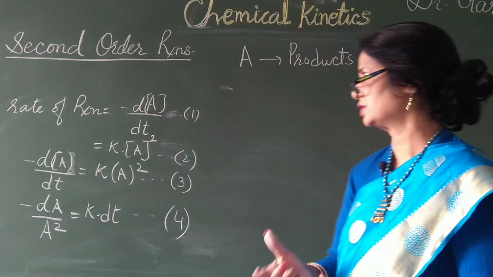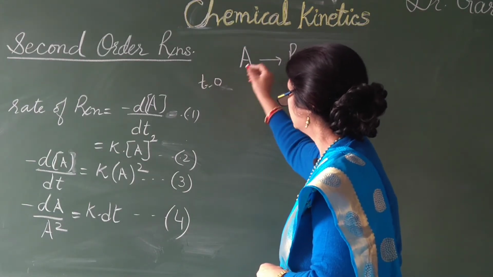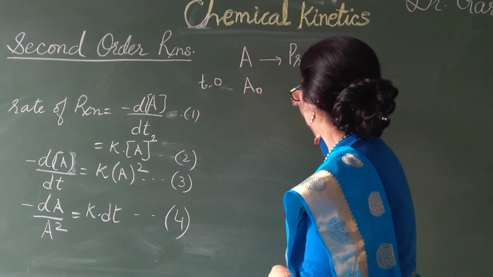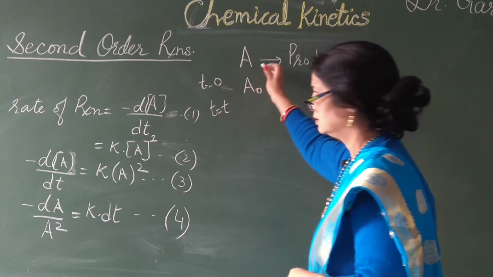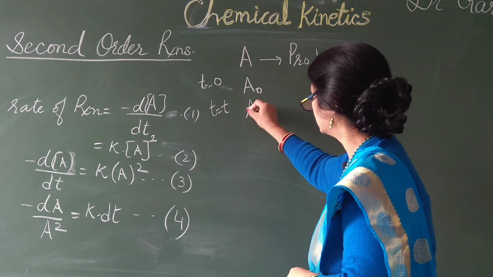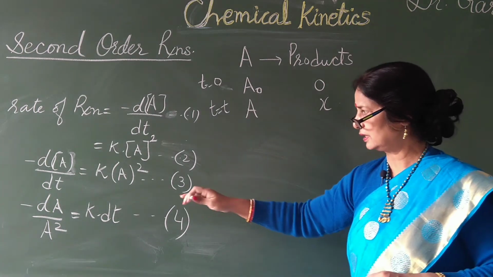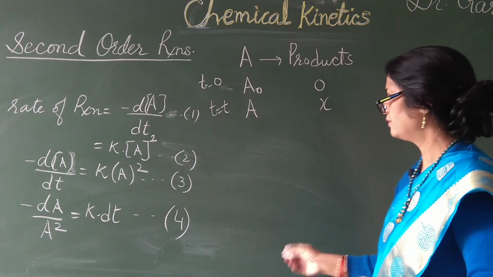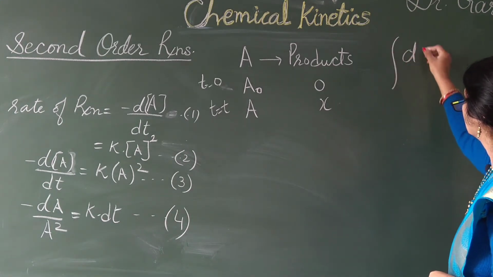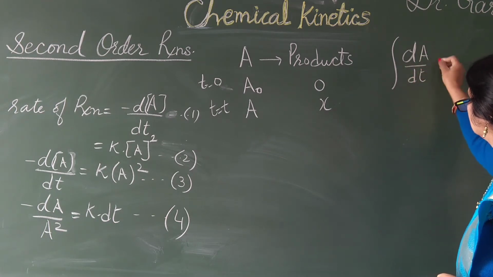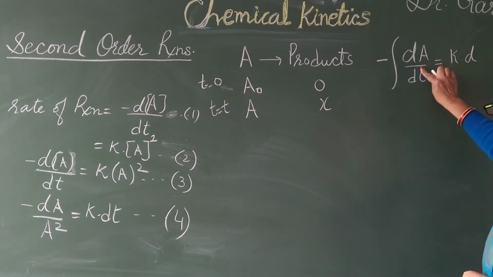Suppose initially when time is 0, the concentration is A naught and the products are 0, and after time t the concentration will be, suppose, A and the products formed are X. So now we will integrate this differential equation, and when we integrate it, what we get is minus dA upon A square.